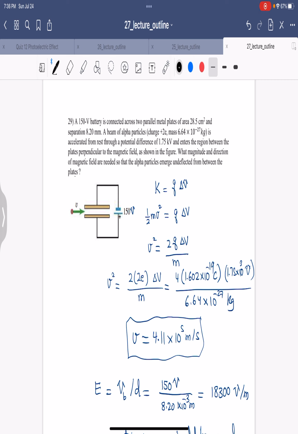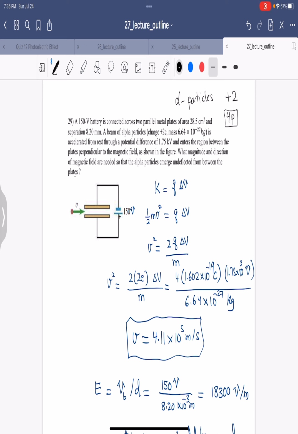Alpha particles, you need to know, have a charge of 2 plus because they have 2 protons, and they have the mass of 4 protons, which is 6.64 times 10 to the negative 27 kilograms.